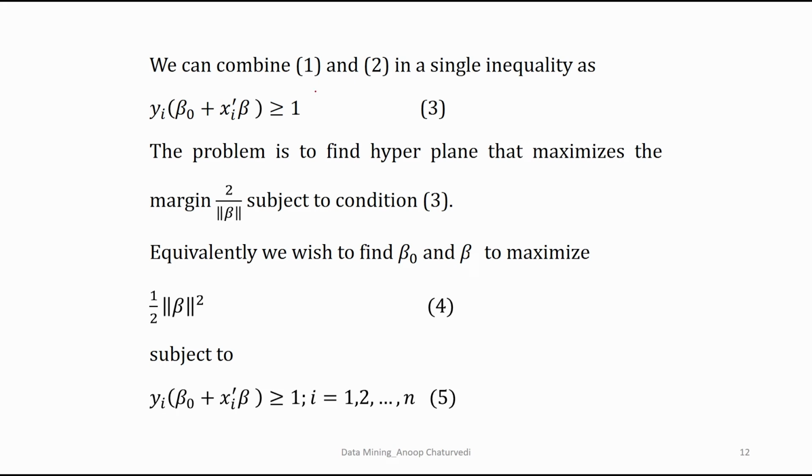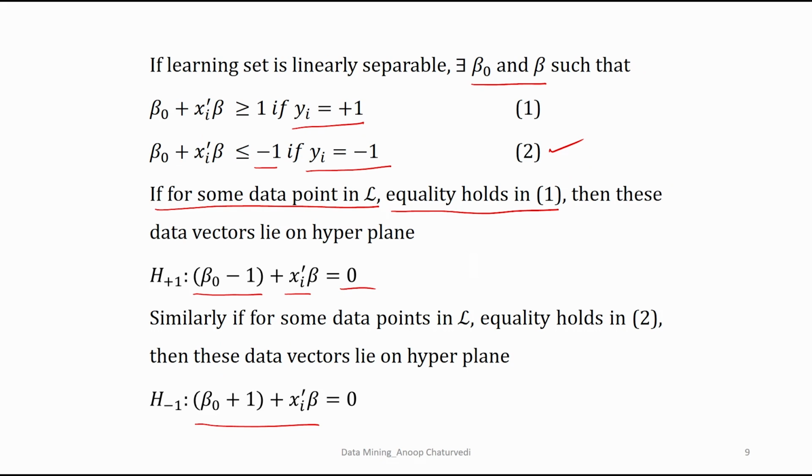Now, we can combine 1 and 2 in a single inequality as, say, yi into (beta naught plus xi transpose beta) greater than or equal to 1. This is your equation 1 and this is your equation 2.